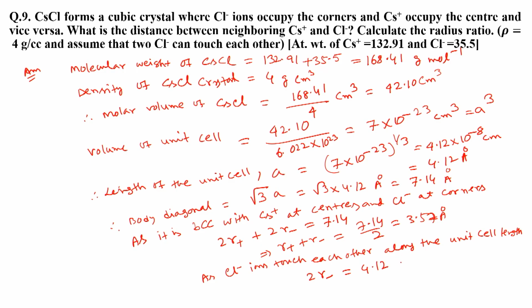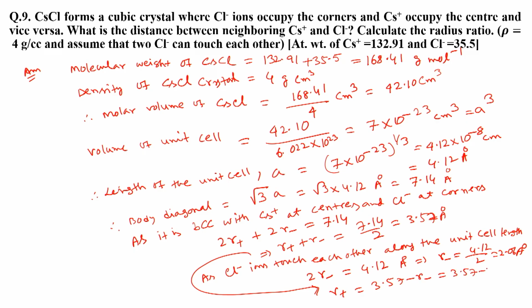Okay, so 4.12 angstrom. So we get R minus is 4.12 by 2, so we get 2.06 angstrom. This is R minus. So we can calculate now R plus. Therefore R plus will be 3.57 minus R minus. So we get 3.57 minus 2.06. So we get 1.51 angstrom.